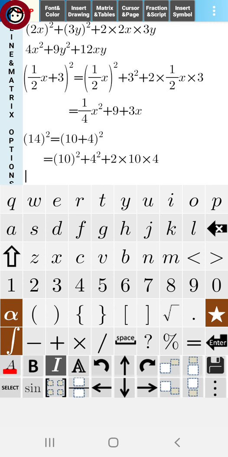Now square of 10 is 100, plus square of 4 is 16, plus 2 into 10 into 4 is 8 tens, 80.